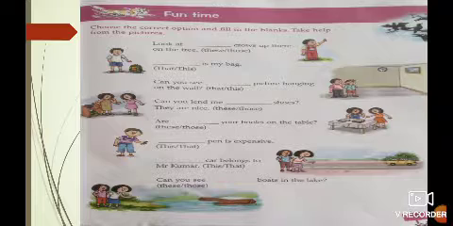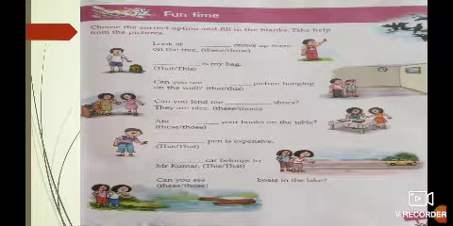Look at dash crows up there on the tree. Now see the picture. Picture of crows are there on a tree and a boy is standing. Now see the picture carefully. The boy is standing far away from the tree. The tree is far away from the boy.